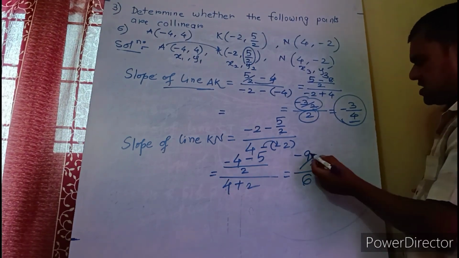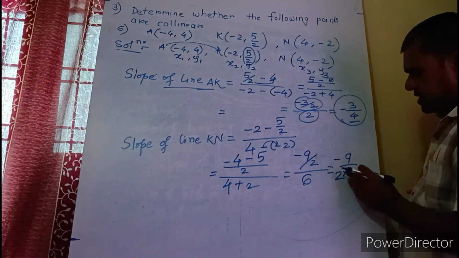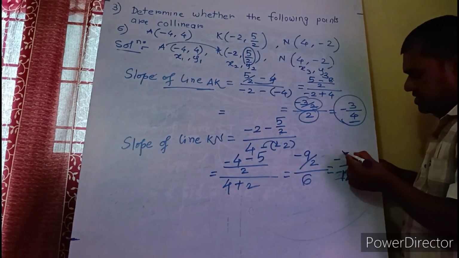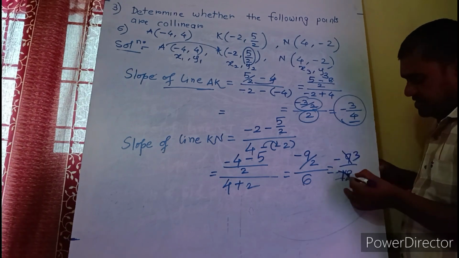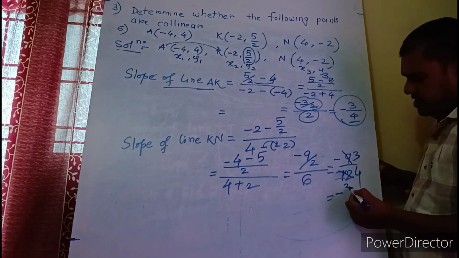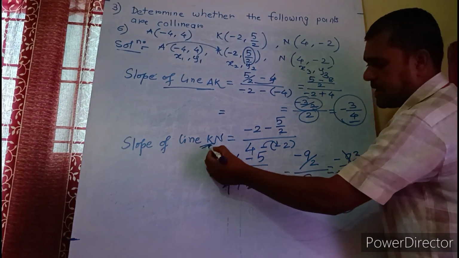Now on solving, minus 9 divided by 2 into 6, that is 12. On cancellation, 9 is divisible by 3 and 12 is divisible by 3, and we get minus 3 by 4. This minus 3 by 4 is the slope of line KN.